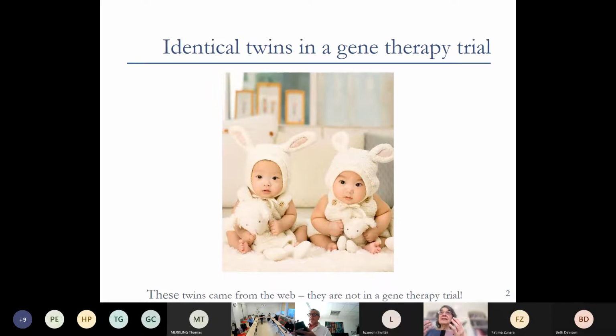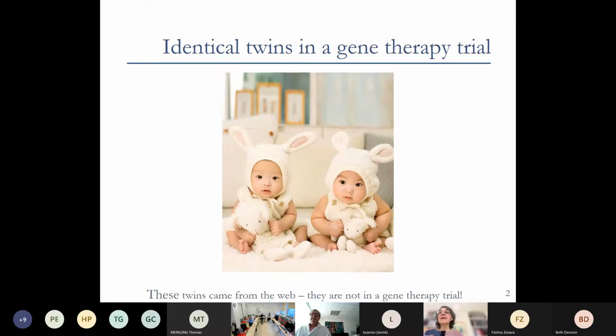And so the decision was made: we'll randomize one, we'll see whether that one gets gene therapy or control, and then the other one will get the same treatment, but will not be a member of the official sample size.